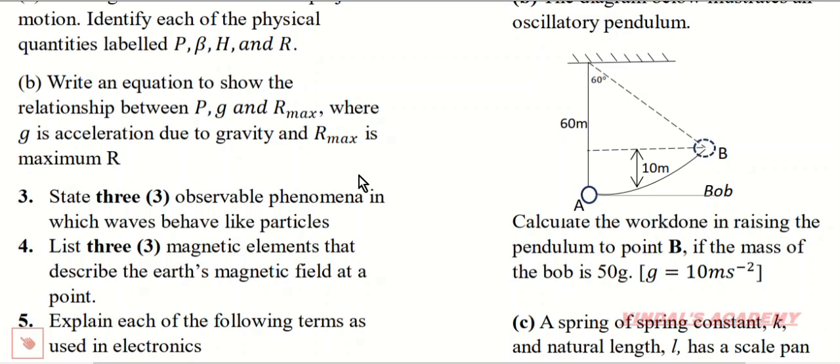No. So we say that it's either light behave as matter, as particle, or as wave. Light behaving as particle. Yes, this question should be a situation whereby light behaves as particle. State 3 observable phenomena in which light behave as particle.